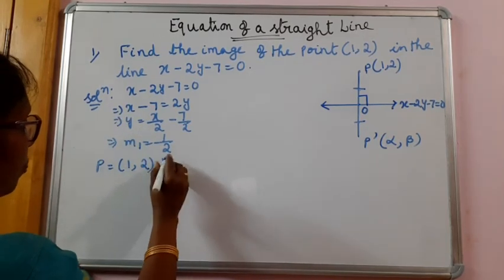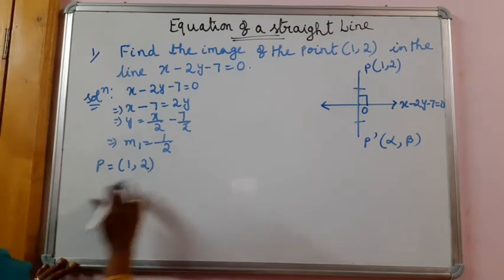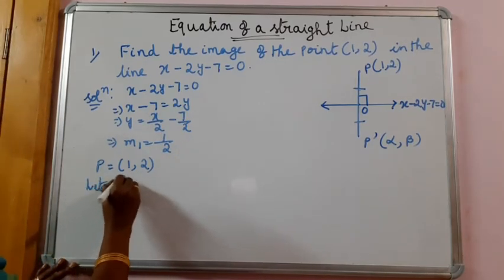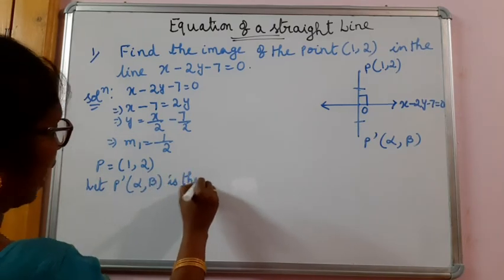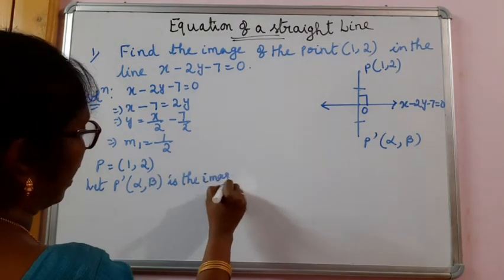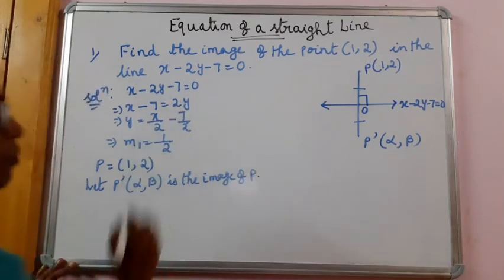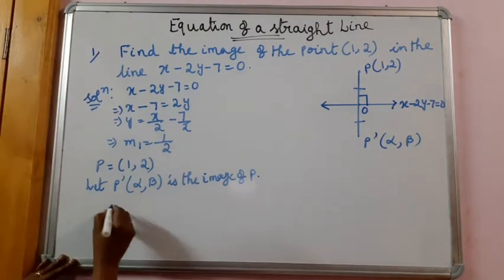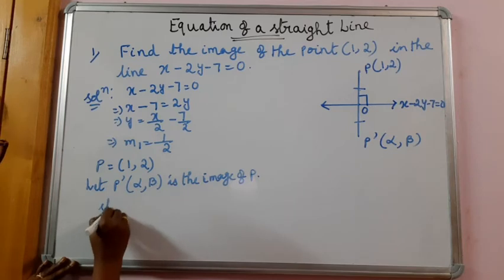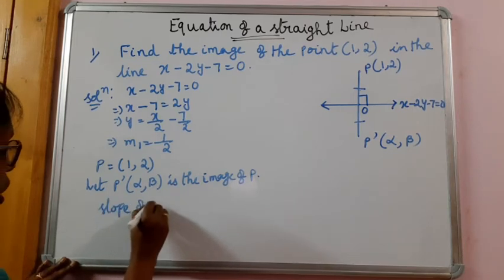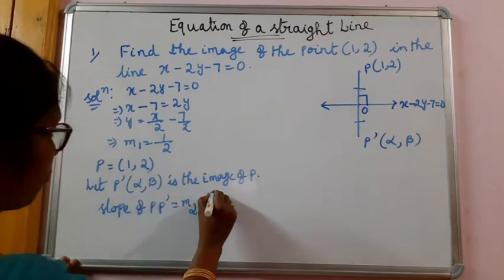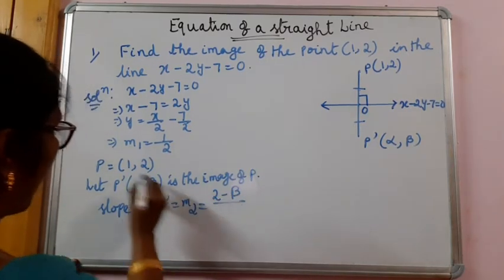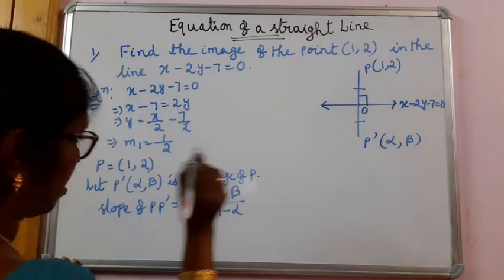Let P dash (alpha, beta) be the image of P. Then let us find the slope of PP dash. Slope of PP dash, let us take it m2, is difference of y coordinates by difference of x coordinates.